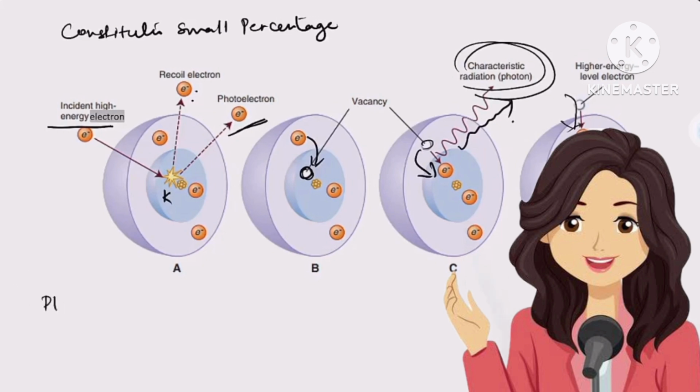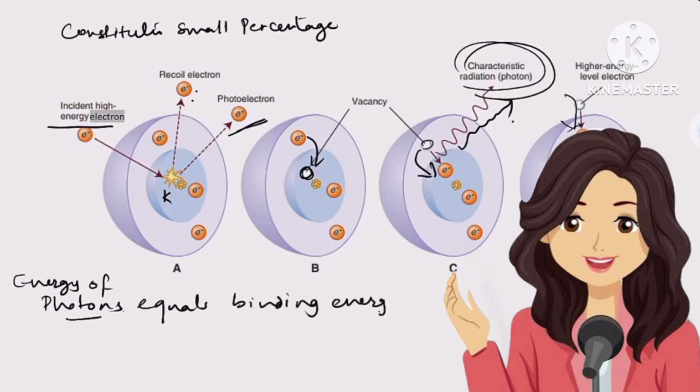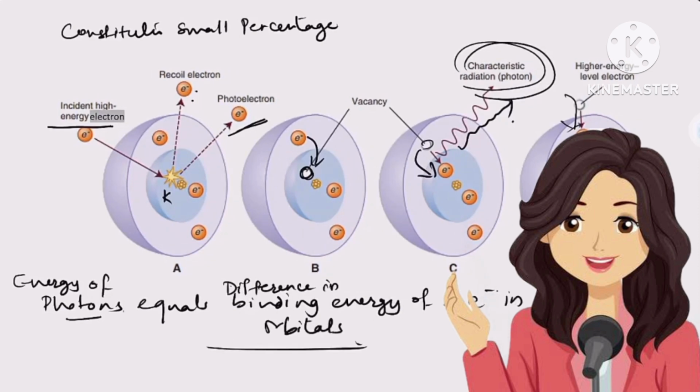So the energy of the photon equals the difference in binding energy of two electrons in orbitals. Therefore, they are named characteristic radiation because each photon represents different energy levels.